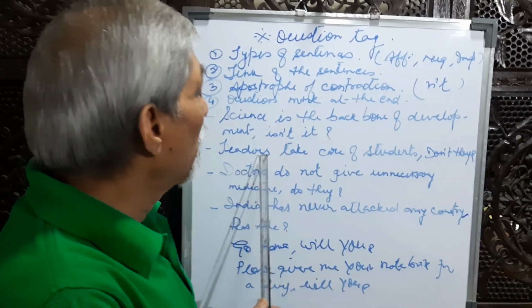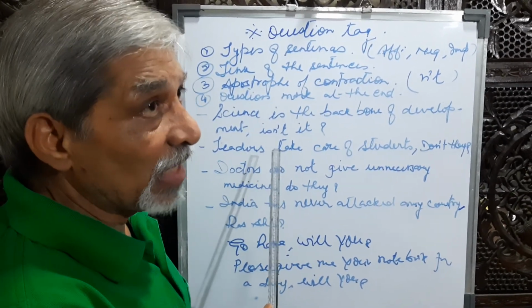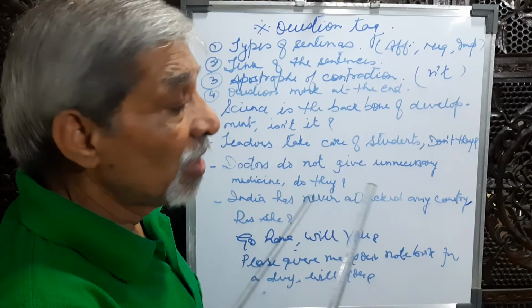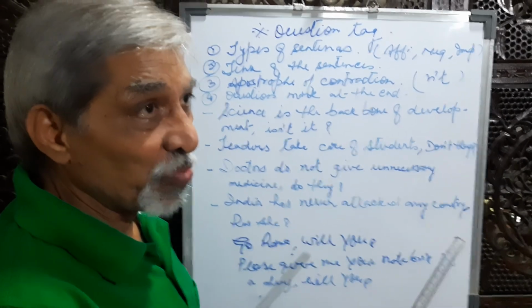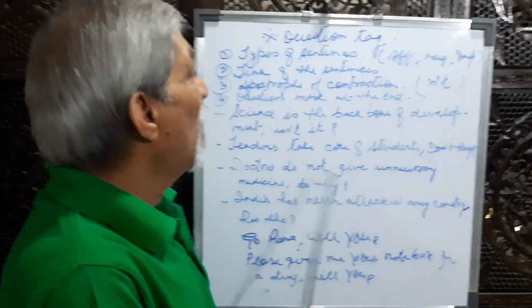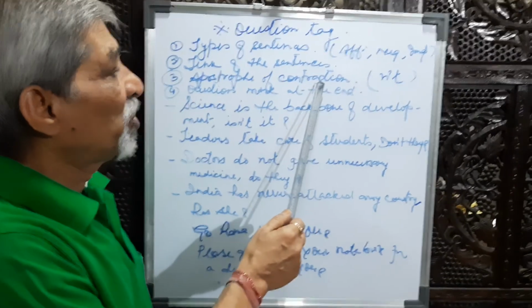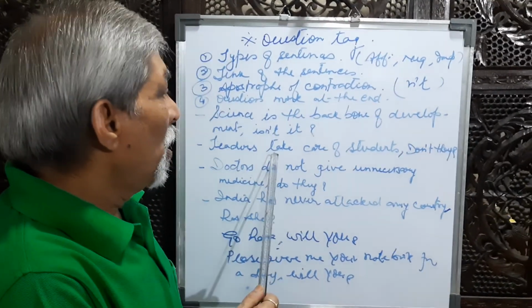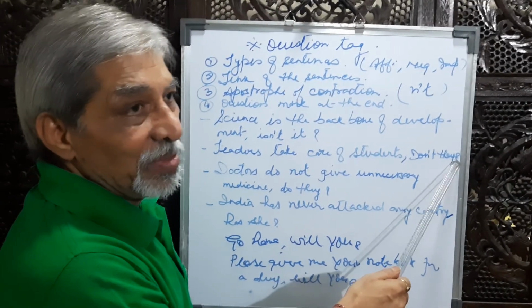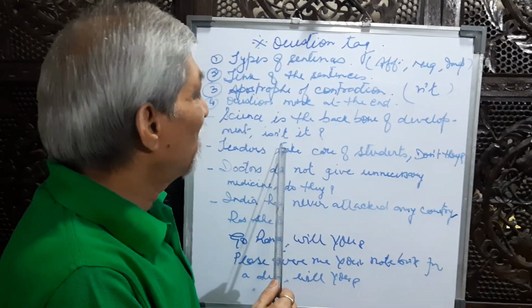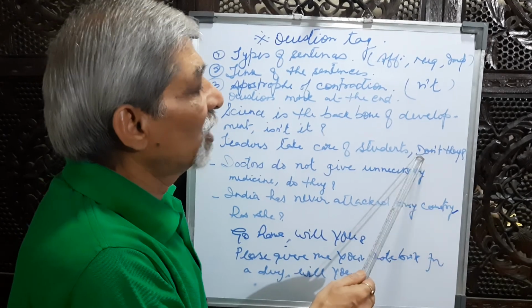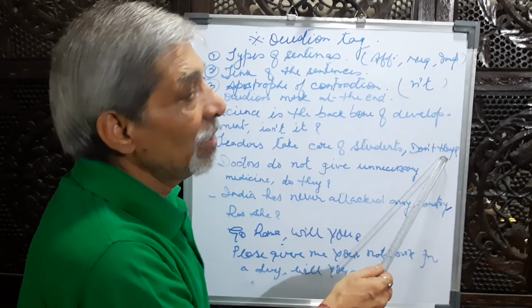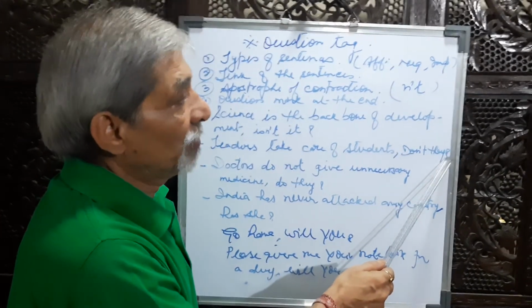As it is plural as well as simple present tense, the auxiliary verb is do, and with the apostrophe contraction it becomes don't they. Teachers take care of students, don't they, and after that a question mark.